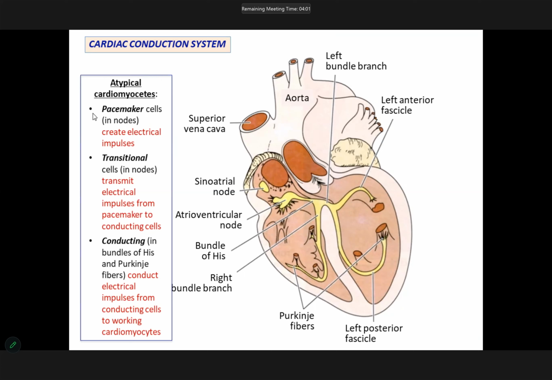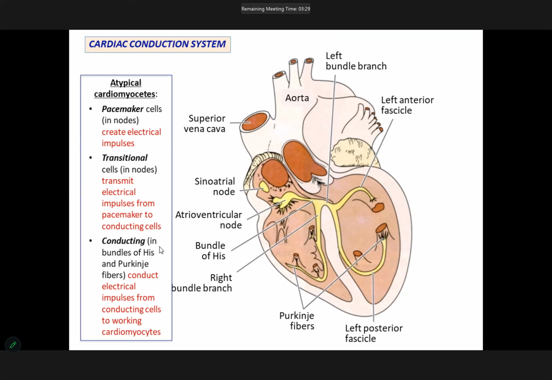First, pacemaker cells, second, transitional, third, conducting ones. Pacemaker cells are located in nodes, sinoatrial node, atrioventricular node, and they serve for creation of electrical impulses, about 60 per minute. Transitional ones, also located in nodes, they transmit this electrical impulse from pacemaker to conducting cell.